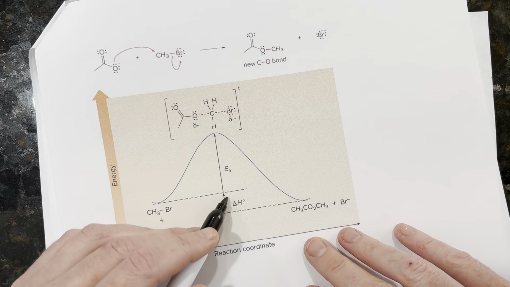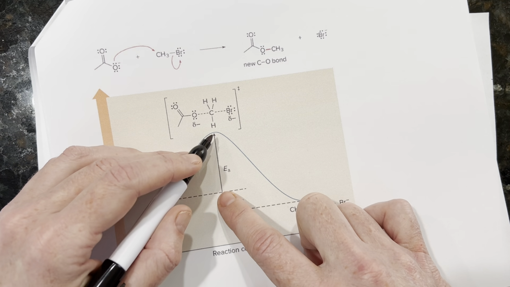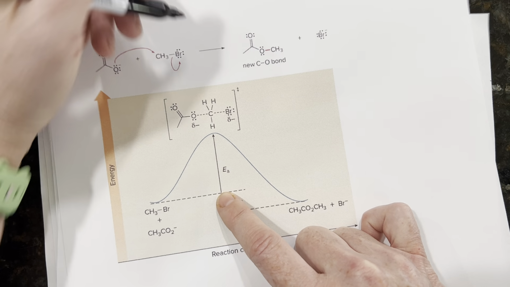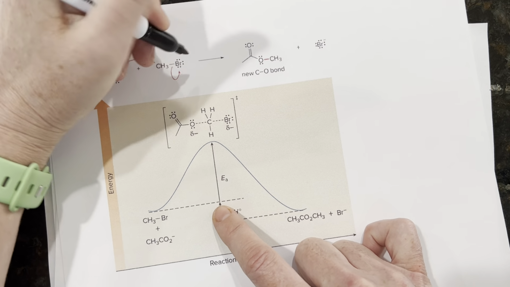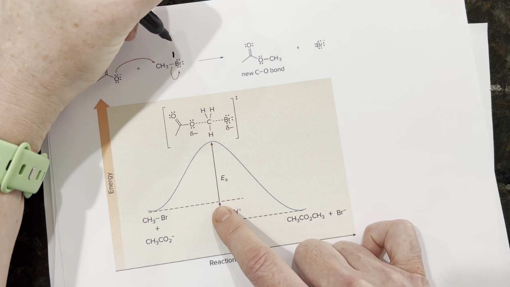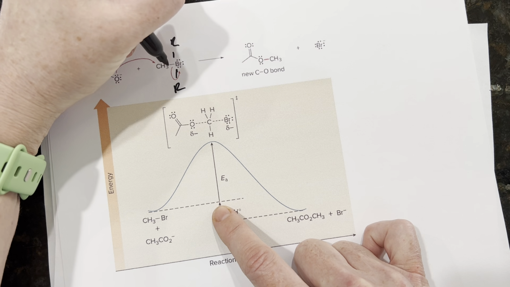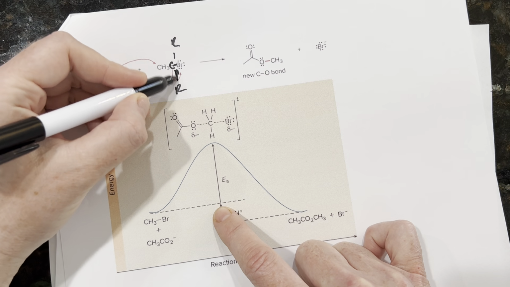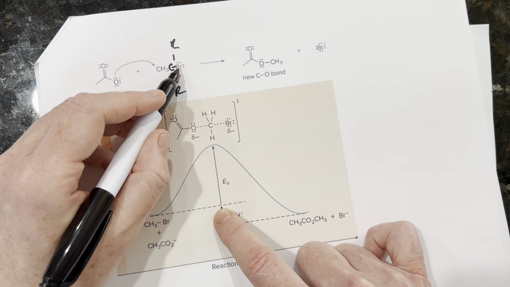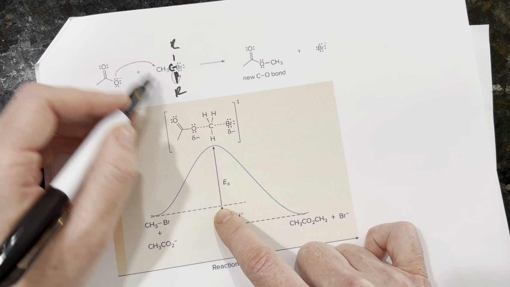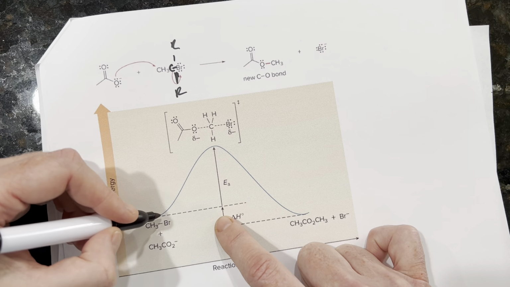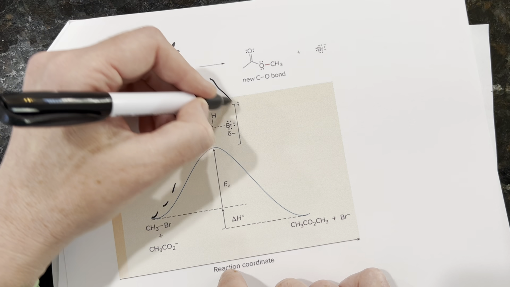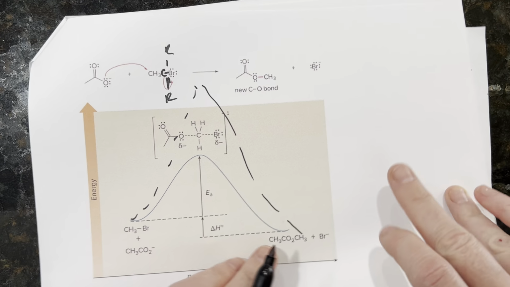Again, the activation energy is from here to here, and we should keep in mind that if this had been a tertiary bromine, with a bromine attached to a carbon attached to 3 different carbons, then that activation energy would have been much higher, right? It would have been like that, okay?